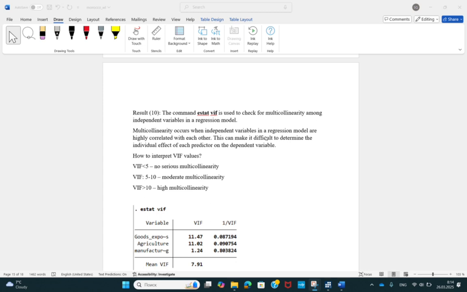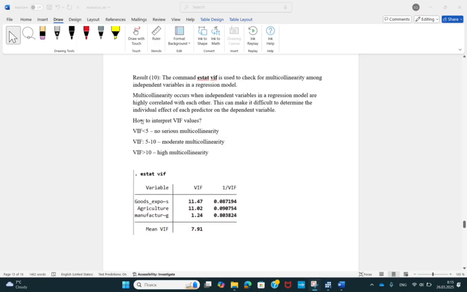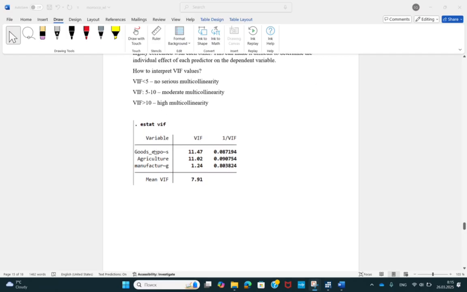This can make it difficult to determine the individual effect of each predictor on the dependent variable. How to interpret VIF? Here are the conditions of it, and our result is moderate multicollinearity because it's between 5 and 10, 7.91.